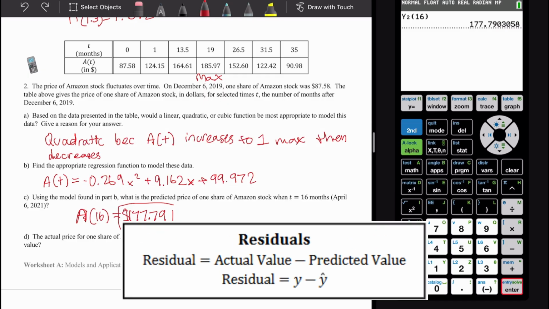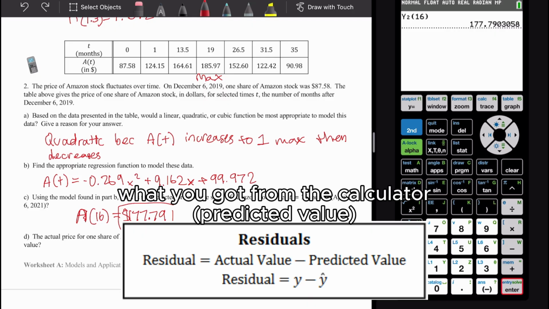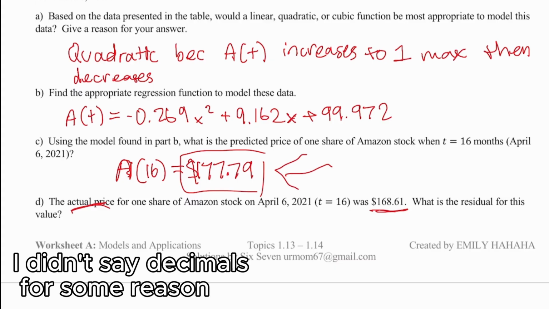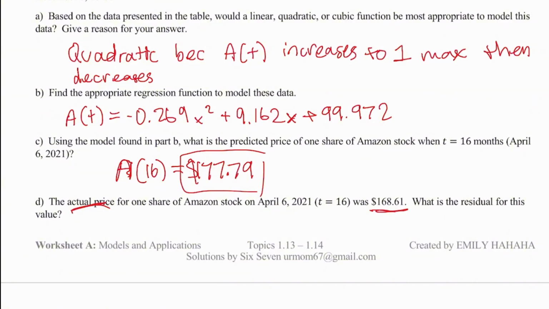So basically residual is you're just subtracting the true value with the value that you got. The true value is the actual value, which is right here. The actual price was 168, minus what we got, which was 177 right there. And so using the formula, just subtract those two.